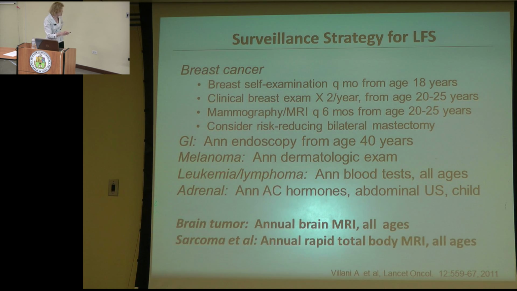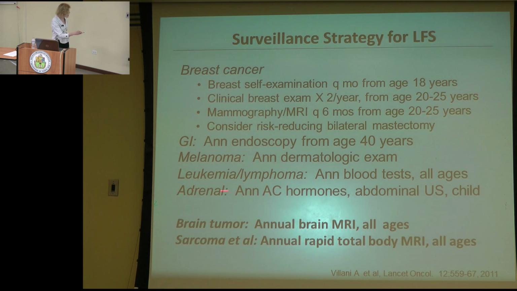Doing blood tests for leukemia and lymphoma is really not likely to pick up anything unusual, but I think it sort of makes people feel better, like they're doing something. And in some instances, young children have had annual adrenocortical hormone measurements in the urine or blood, or abdominal ultrasound in young children in families where there had been adrenocortical tumors.